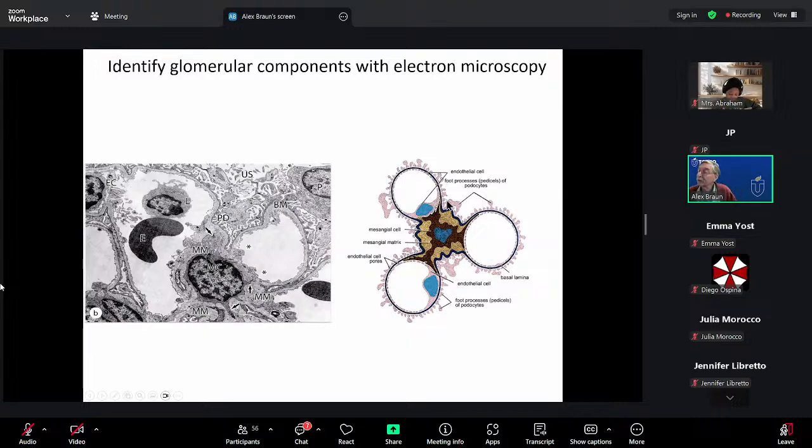These little nubbins here are pedestals coming off of the podocytes. All together, the endothelial cell, the glomerular basement membrane, and these pedestals of the podocytes form the glomerular capillary wall, which is the glomerular filtration barrier.